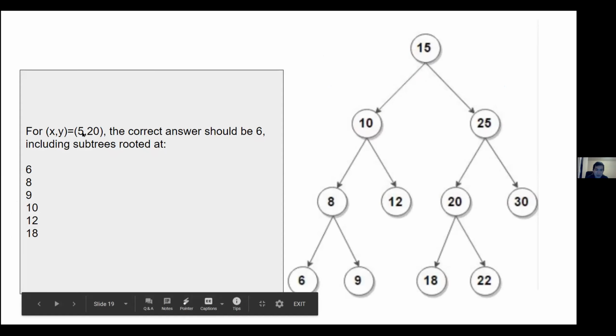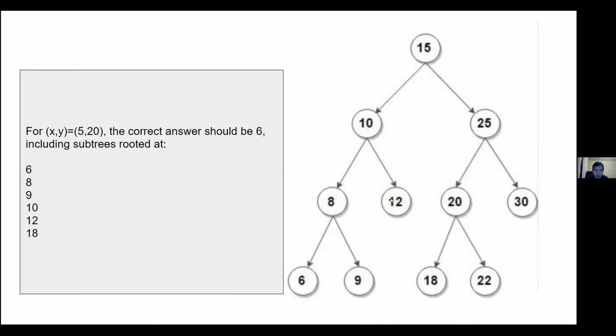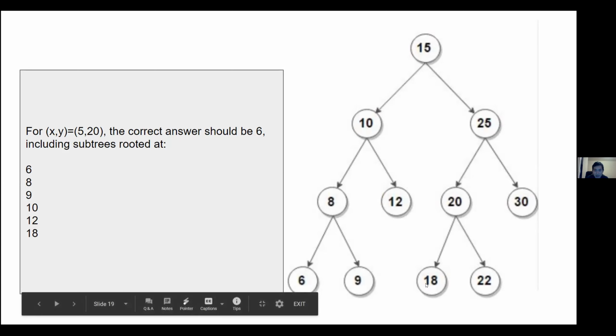Since 6 is within the range, it's a valid subtree. 8, the entire subtree here is within this range. And then 9 is in the range. We also have 10, this entire subtree, all 5 of these nodes are within this range. And then we also have 12, and also 18.